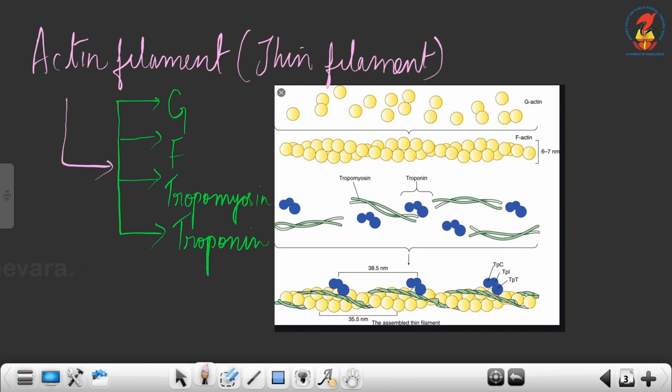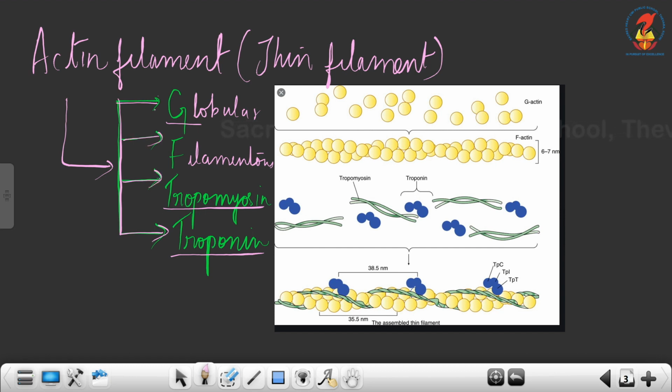It comprises 4 proteins: G-actin which stands for globular actin, F-actin which stands for filamentous actin, tropomyosin and troponin. So, once again, the 4 proteins that constitute the polymer actin or thin filament are globular protein, filamentous protein, tropomyosin and troponin.